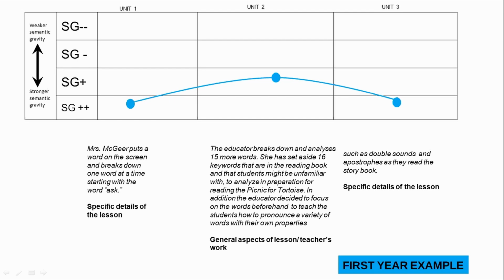Animation, which didn't work. Okay, so you can see here that it's a very small semantic range. The first year student in this example doesn't discuss any principles of practice. There are some general aspects of the teacher's work that are mentioned, but it's very strongly tied to the context. So let's have a look at how that is different from a fourth year example.